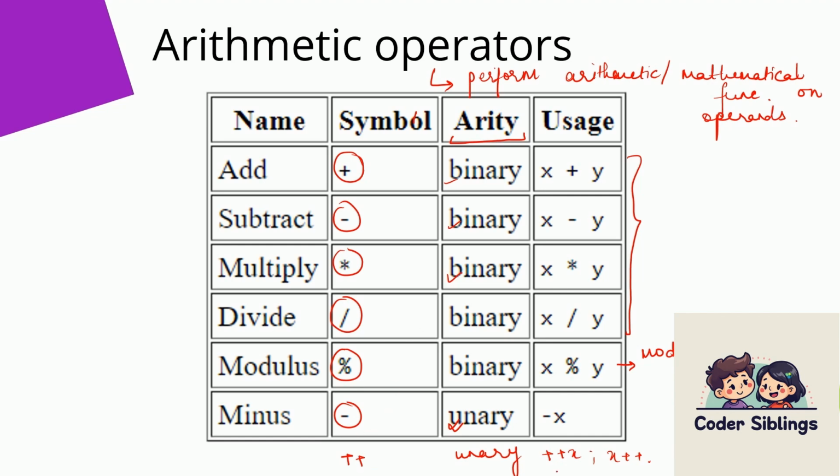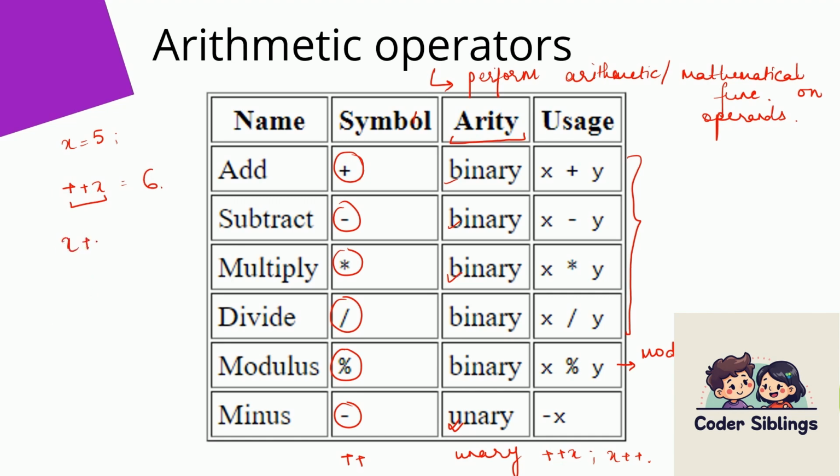And finally, x plus plus and plus plus x: if we have, say, x equal to 5 and somewhere in the program we use plus plus x, right? So the value of x will be incremented by 1. So this will give you 6 and the program will continue further.